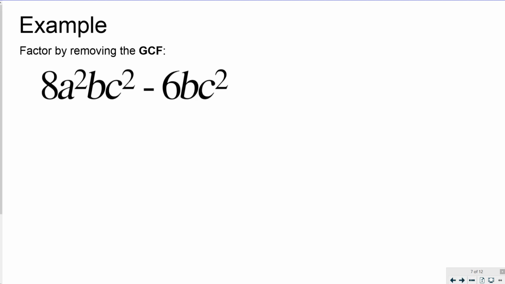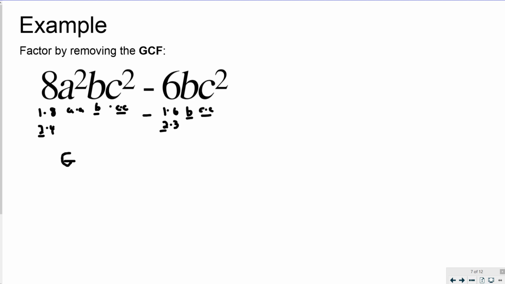So here, again, is another multivariable polynomial. So what we're going to do is start factoring the coefficients first. So 1 and 8, 2 and 4. A squared would be A times A, a B, and C times C. Over here, 1 times 6, 2 times 3, a single B, and then C times C. So if I look through my factors, there's a B in common, 2 C's, and a 2.